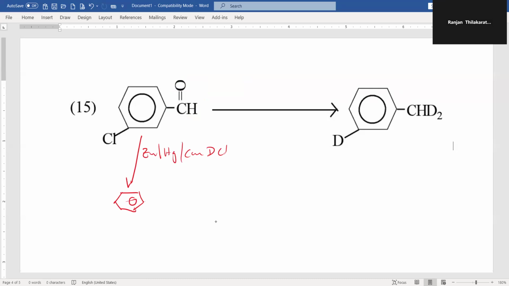Then you can convert this into two deuterium atoms, D, D and H, and Cl will still be available. Then this chlorine, right? Not hydrogen, it is chlorine.